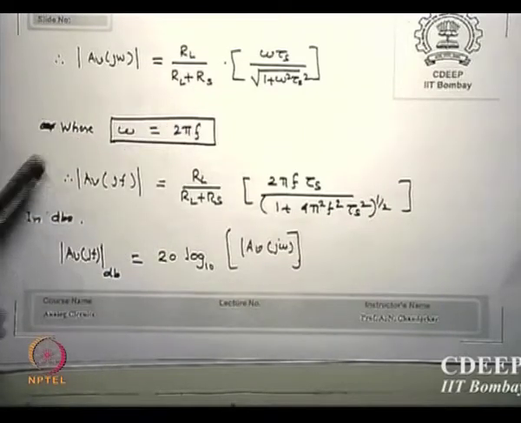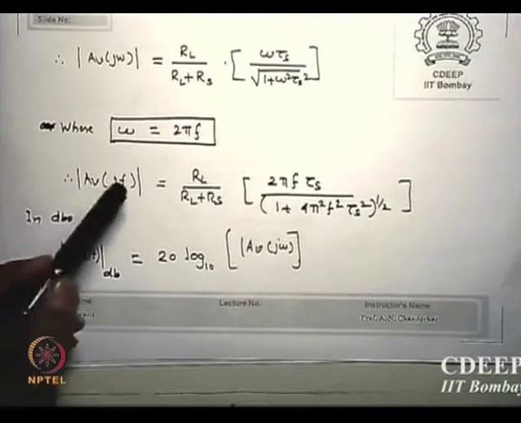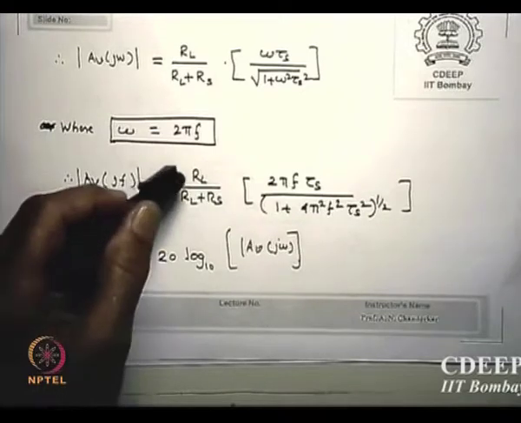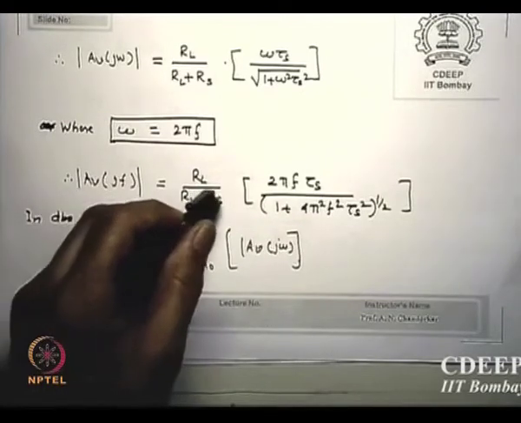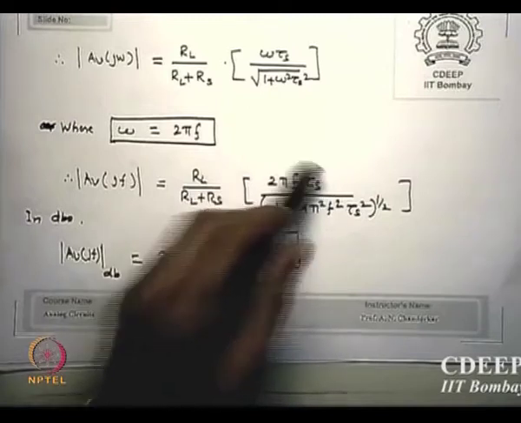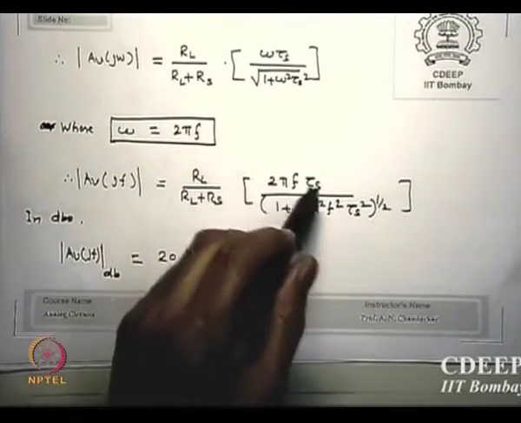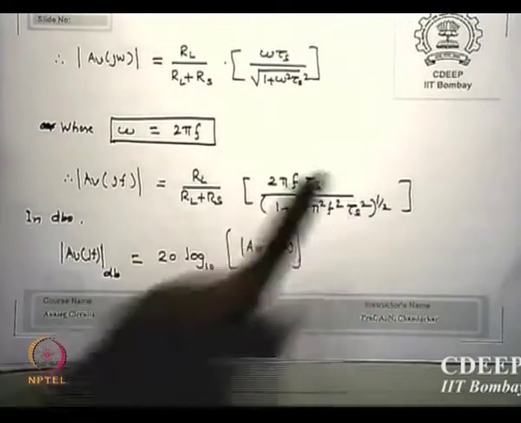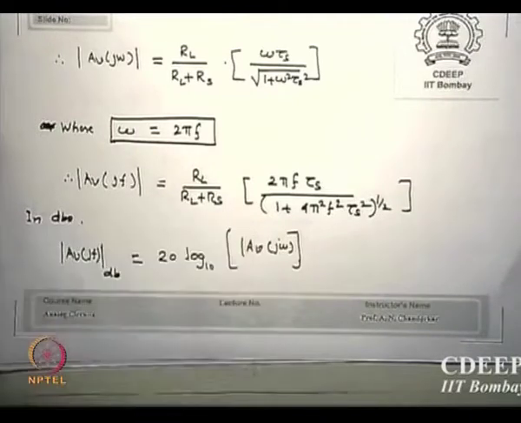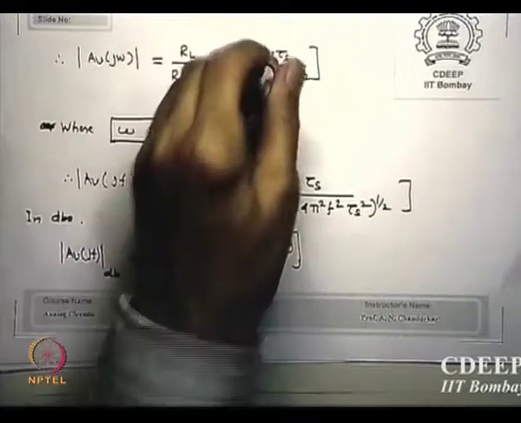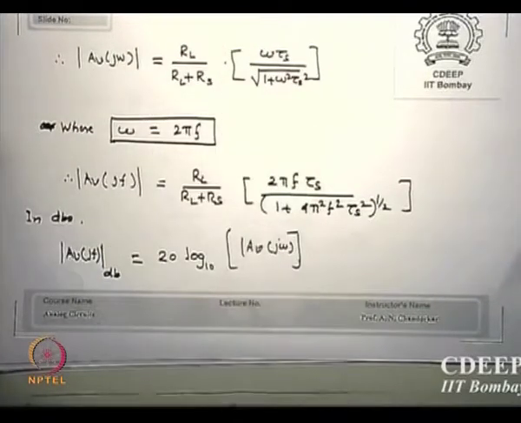So if I take AV(f), I can write RL upon RL plus RS, 2 pi f tau s, upon 1 plus 4 pi square f square tau s square to the power half, the same function rewritten in the form of frequency. Is that clear? The function which I wrote here is the same as this, only now written in 2 pi f form. Omega is 2 pi f.